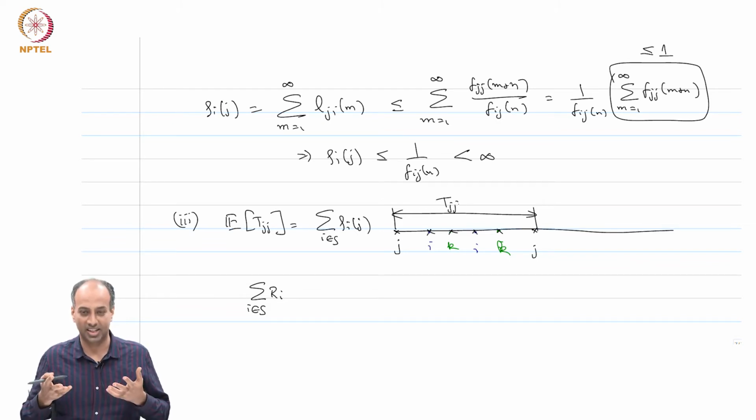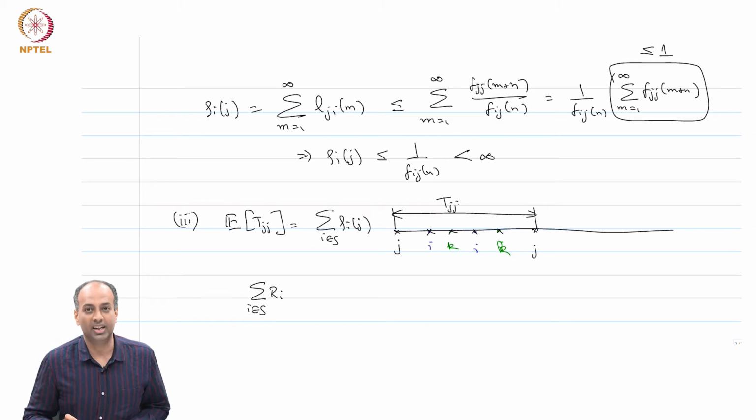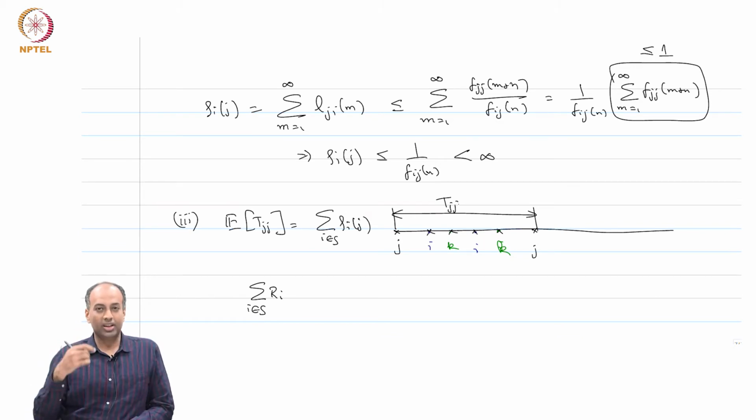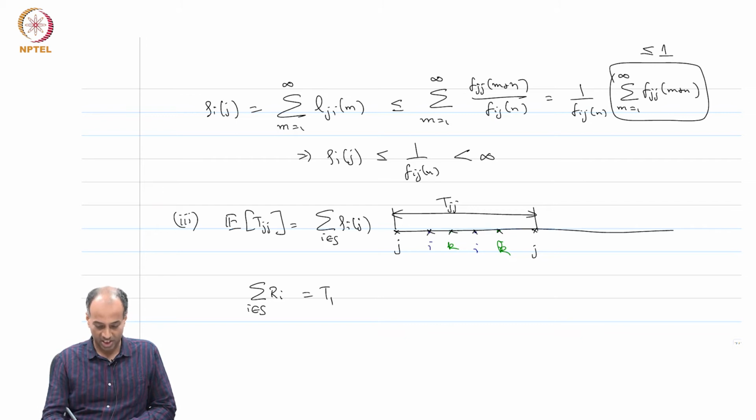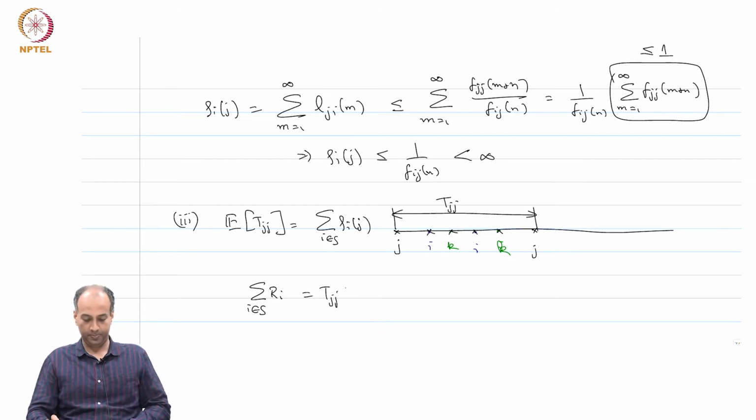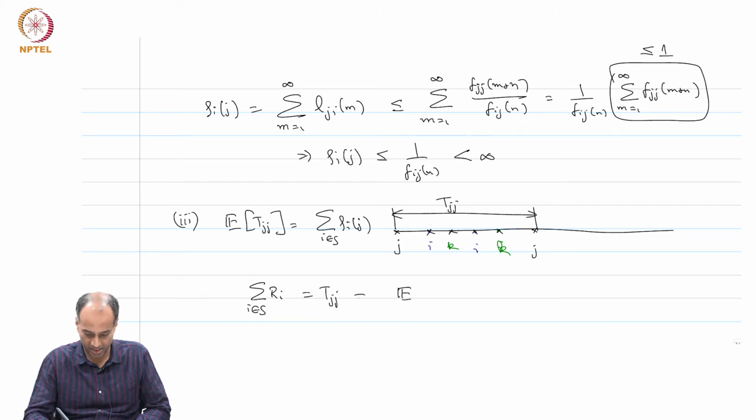You have to be in one of the states. So, if you sum R_i, you are counting the number of times you are in some state in this interval, and this has to be equal to T_jj, correct.